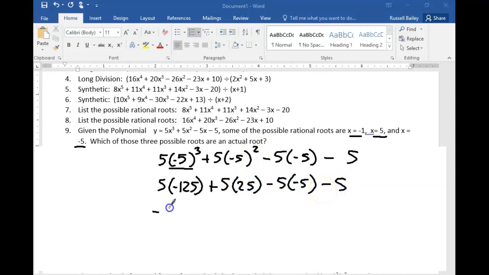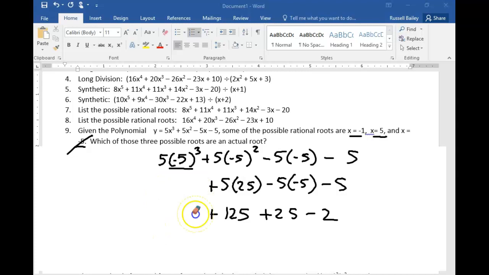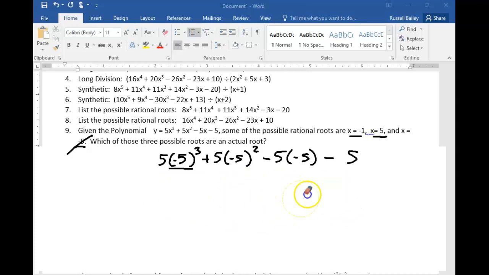And then we multiply and we get this. But I can tell you right now, just by looking at this, that's not going to come out to be 0. That's what it should be if it's a root, but it's not. So therefore we know that that is not one of our roots. And then we go ahead and just repeat this process for the other numbers until we find the one that makes 0. So let's try +5 now.